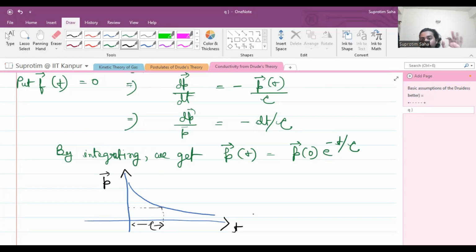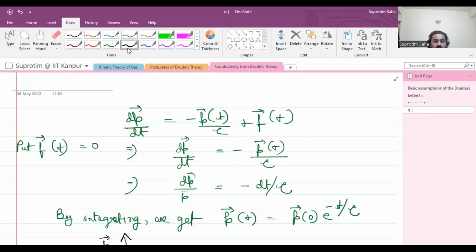And if there's no force applied, the momenta of the electrons will exponentially decay down only because of the collisions. Because of successive collisions, the momenta will be randomized and the net average momenta will go down to 0.